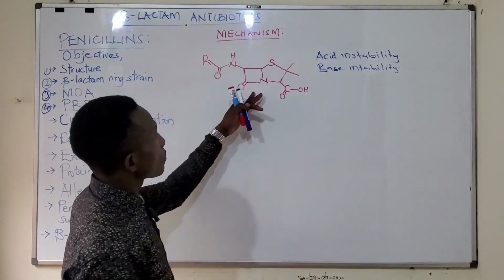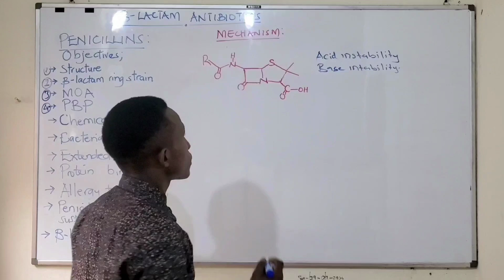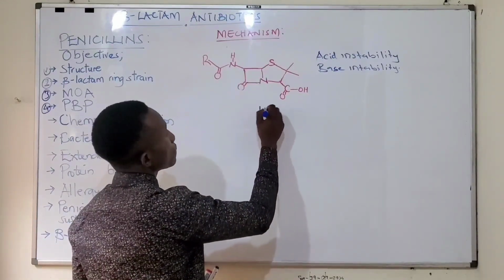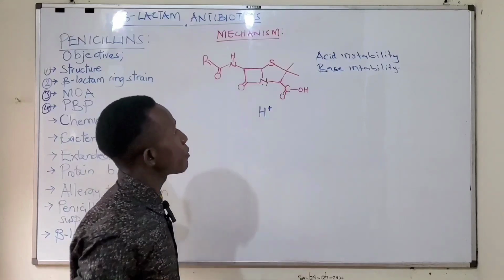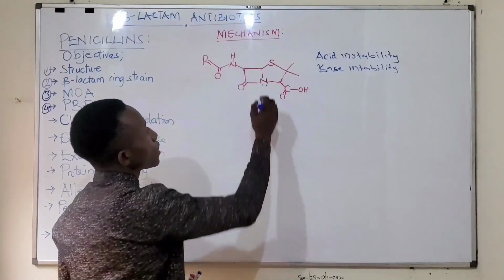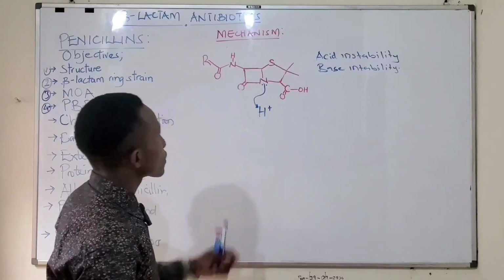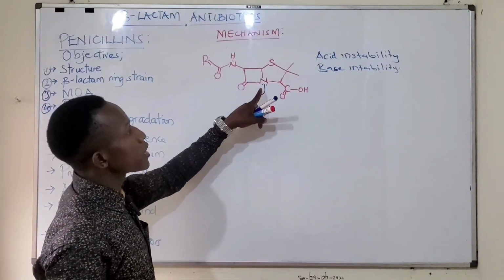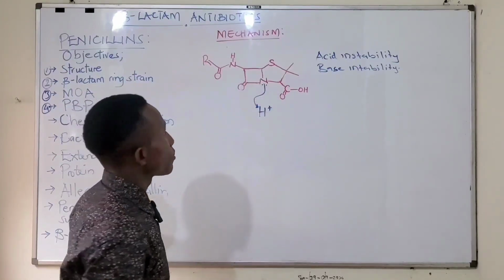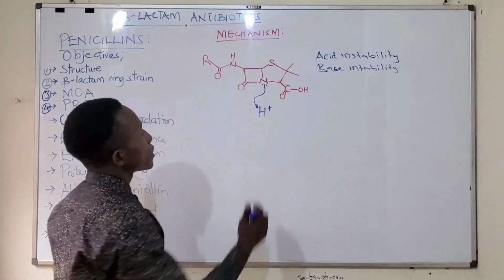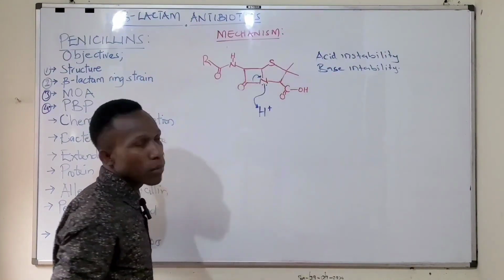Now, this is our penicillin. In acidic pH, we shall have a lot of protons. Remember, this nitrogen has lone pairs of electrons, so it will attack this proton. When it attacks the proton, this nitrogen will have excess bonds, so it will try to stabilize itself by breaking that bond.